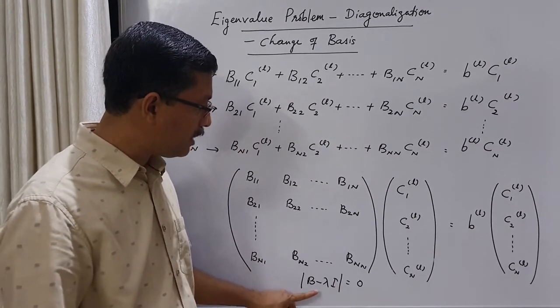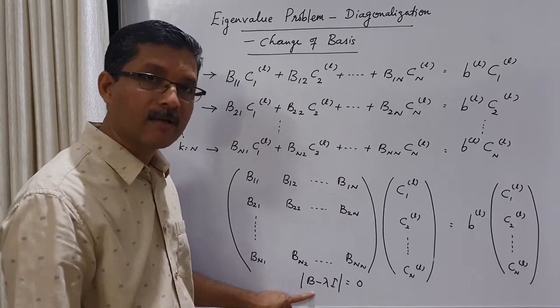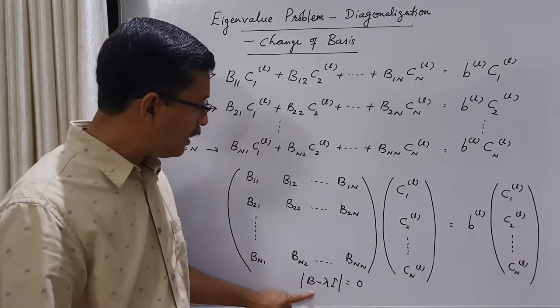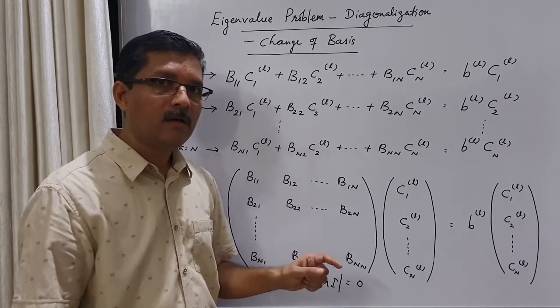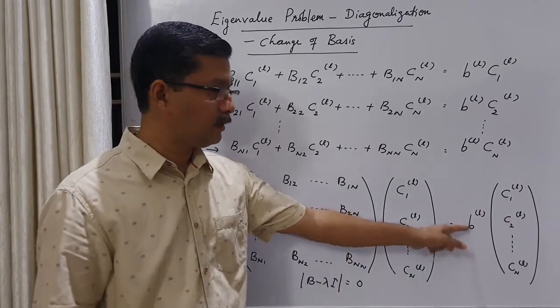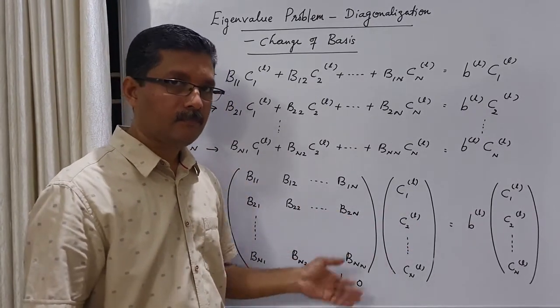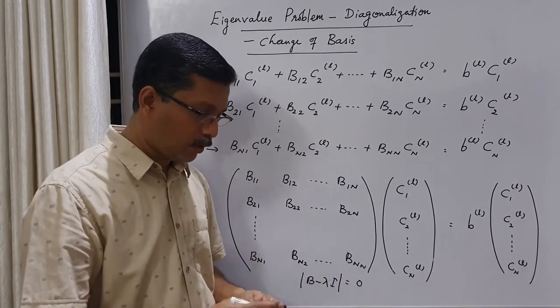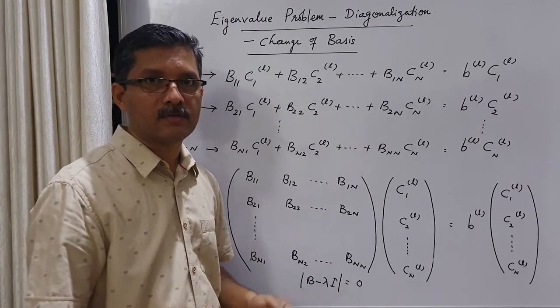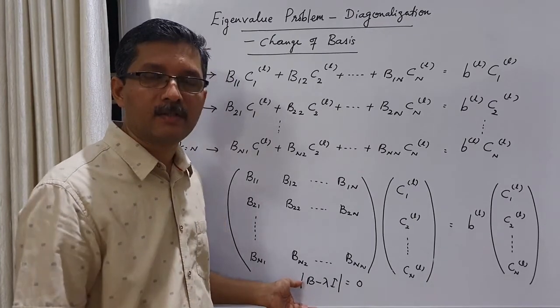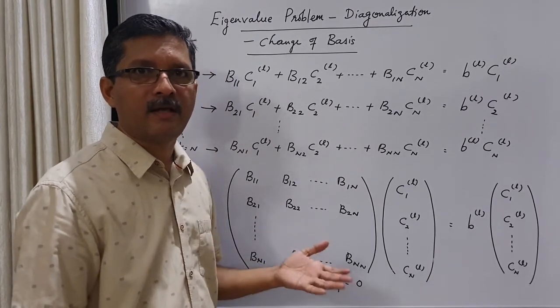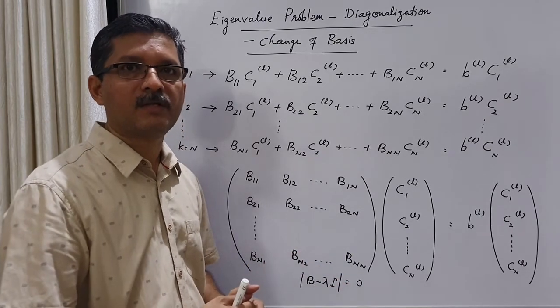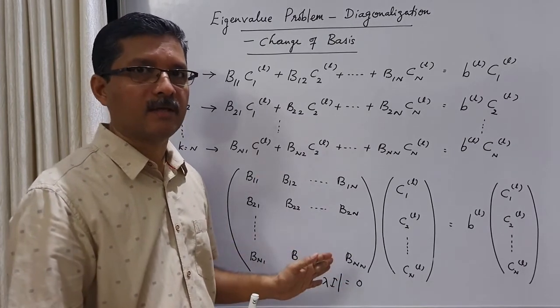These n roots form the characteristic equation of the matrix B. The n roots of this equation form the n eigenvalues of the operator B. So in an n-dimensional space, an operator has n eigenvalues.